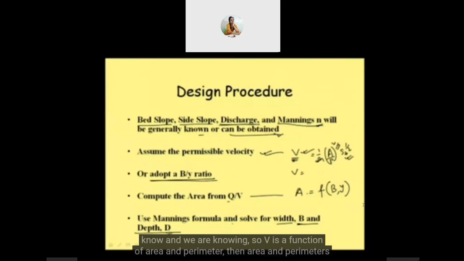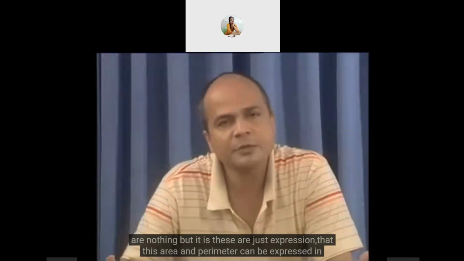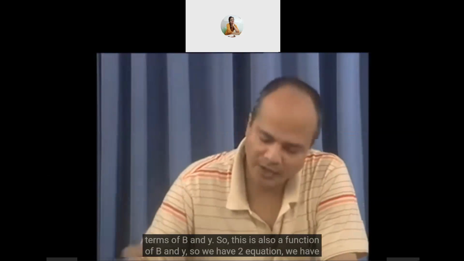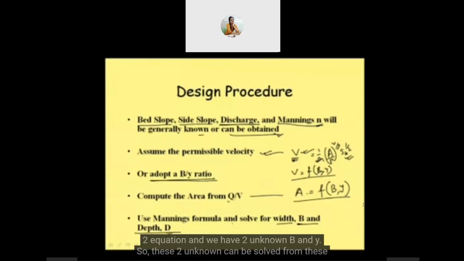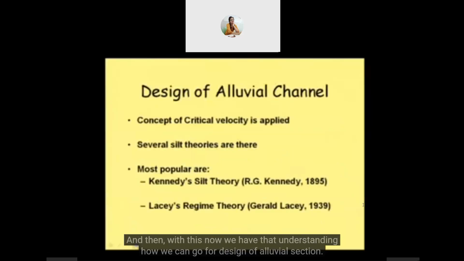Area and perimeter can be expressed in terms of B and Y. So this is also a function of B and Y. So we have two equations and we have two unknowns, B and Y. These two unknowns can be solved from these two expressions, and that way we can have our design dimensions. With this, we now have an understanding of how we can go for design of an alluvial section.